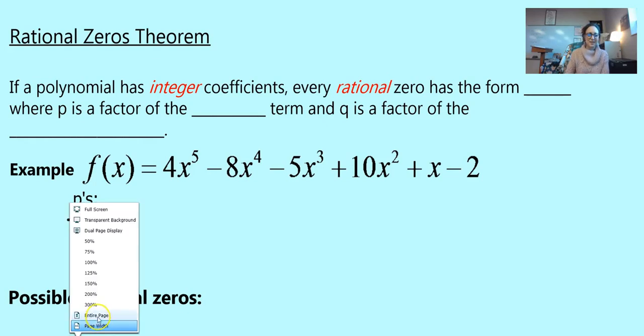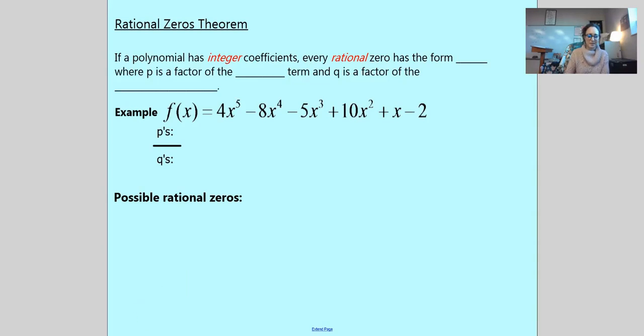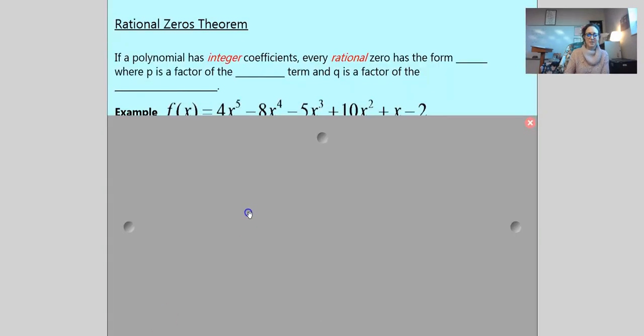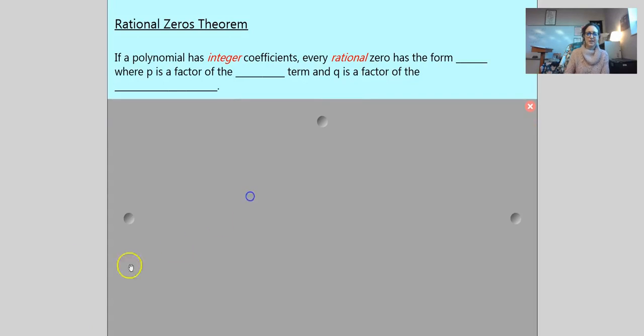Force a pause on your screen. Can you please copy just the rational zeros theorem? So let's go ahead and put a little screen shade here. Go ahead and copy that, and we're going to fill it in together.